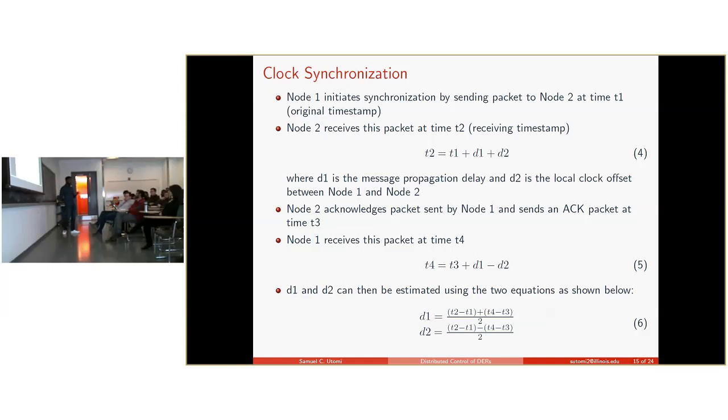Then node 2 sends an acknowledgement packet back, including the time it sends that packet. When node 1 receives that packet back, it records the time it received the packet, which is T4, and it has this equation here. Having these two equations and two unknowns, you're able to determine the message propagation delay, as well as the local clock offset between node 1 and node 2.